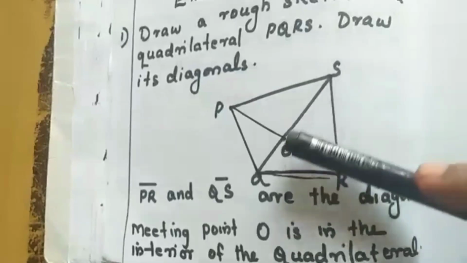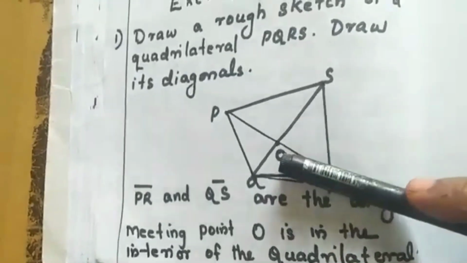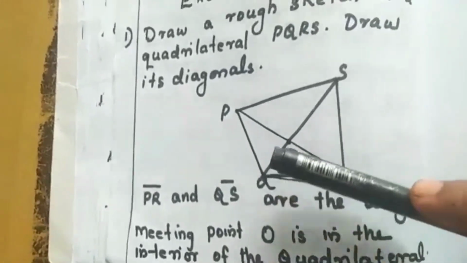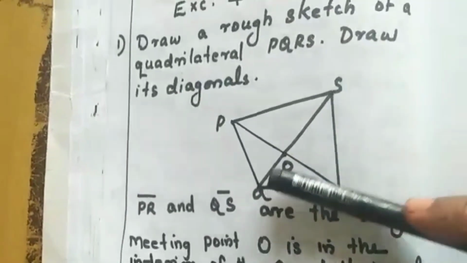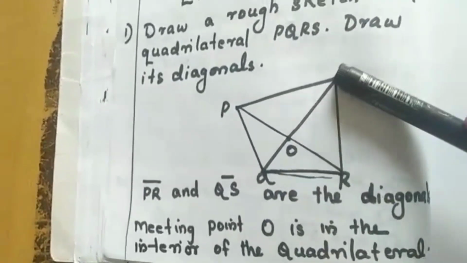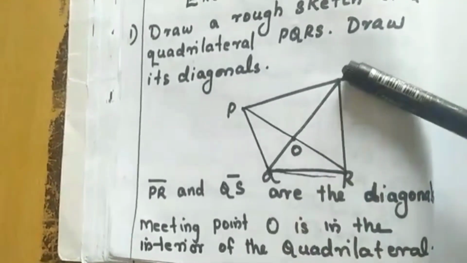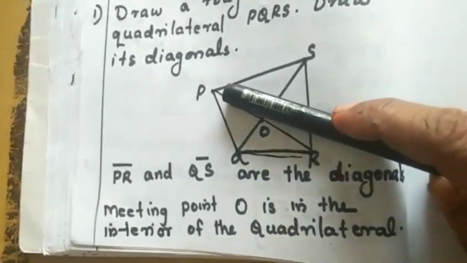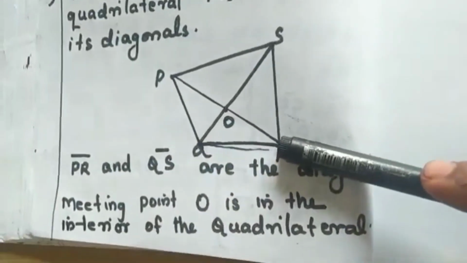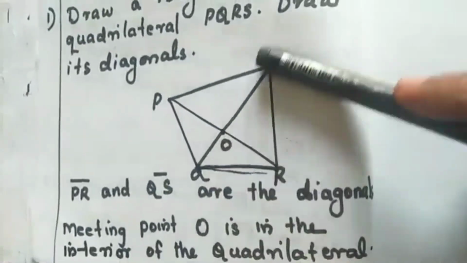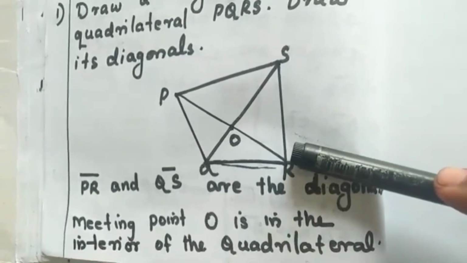Diagonal means the line segment joining the vertices which are not adjacent. That means the line segment joining these two opposite vertices. So this is a diagonal QS and PR is also a diagonal. So you can see two diagonals for this quadrilateral.